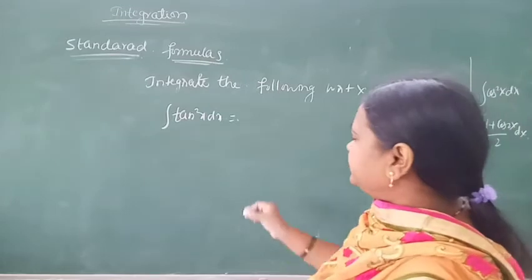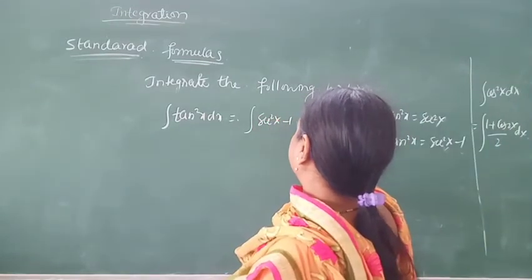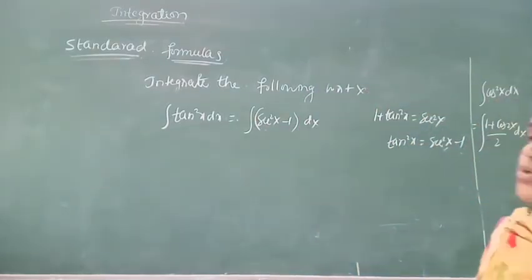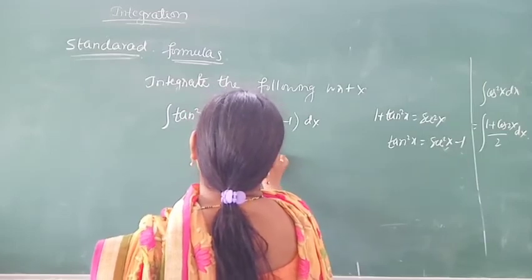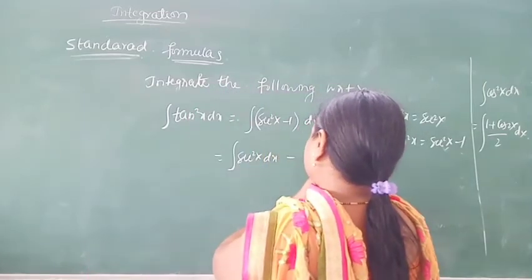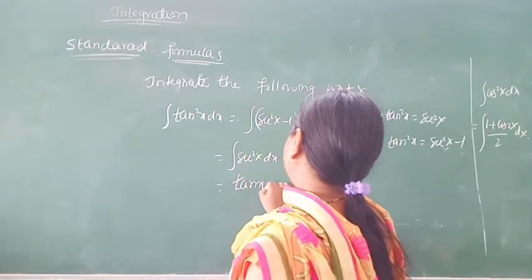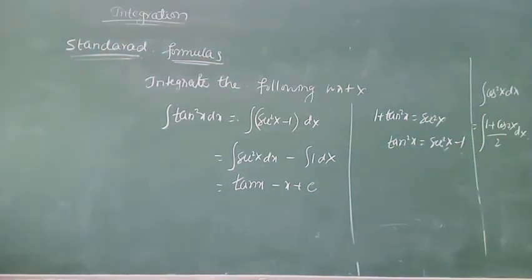We are applying here. We get secant square x minus 1 dx. And we have the integration of secant square x. Better you do the integration: integration of secant square x dx minus integration of 1 dx. Integration of secant square x is tan x, 1 is x, plus c. This is how we can calculate.